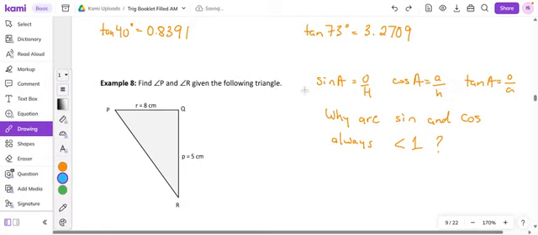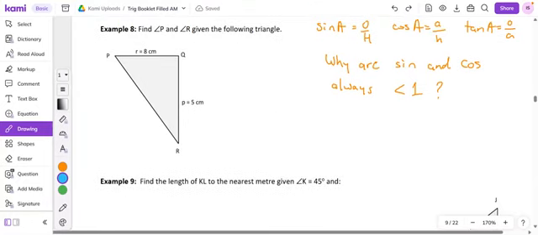Because sine and cosine have a denominator of the hypotenuse, these two ratios will always have a value less than 1. Whereas opposite over adjacent, these are just two sides. Which one is bigger? Either one, depending on the triangle. And so in the case of tangent, you can have a tan ratio that is bigger or smaller than 1.